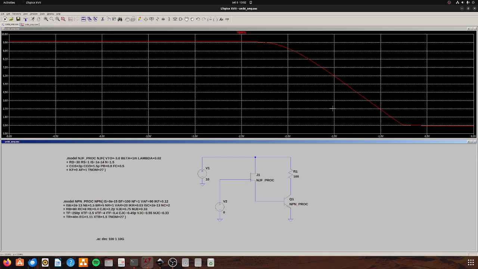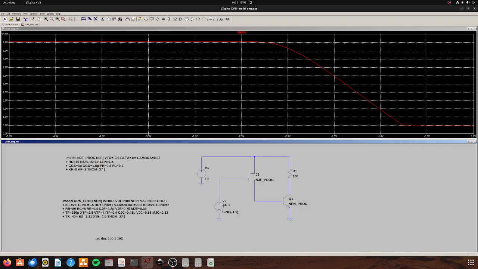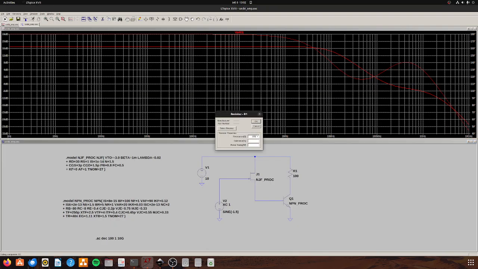I want to put the DC point at minus 1.5 volts, so I set this to AC, with a DC value of 1.5. Theoretically this will simulate, so this is the gain that we are actually seeing. If you increase this, the gain will increase too, as is expected.